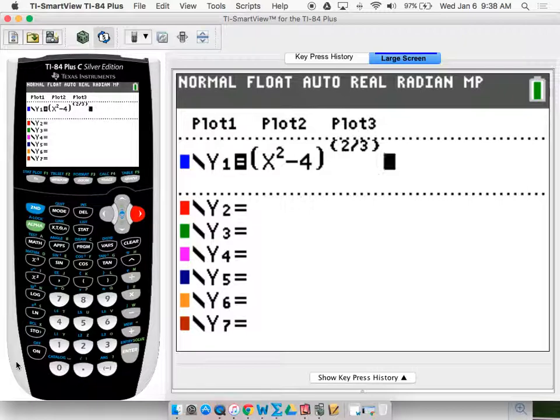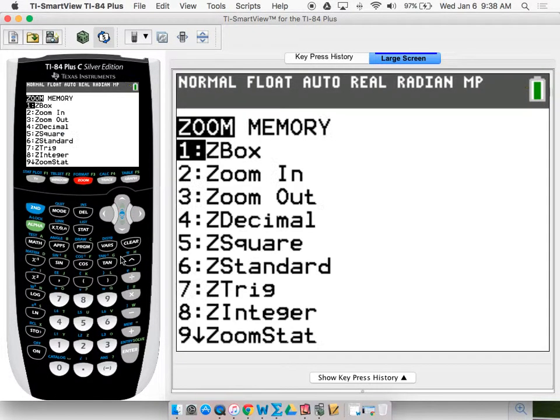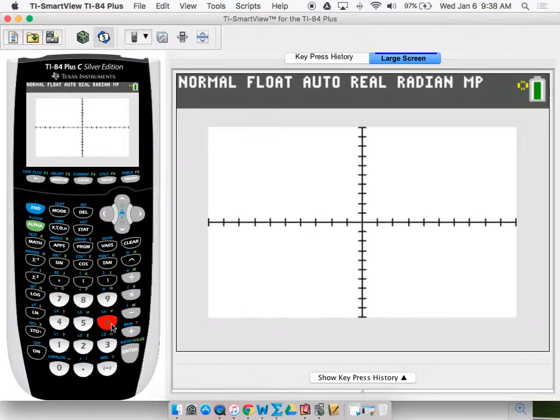And when you do your exponent, 2/3 is in parentheses as well. And then hit your zoom button, and then hit number 6 for a regular window.